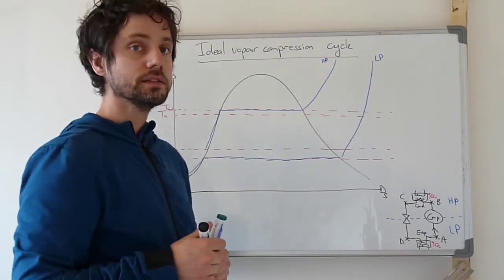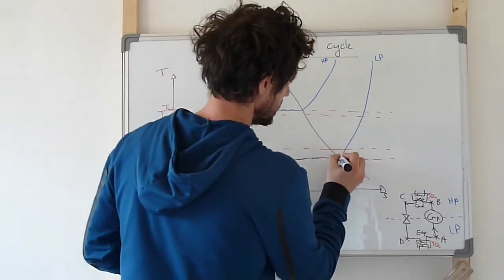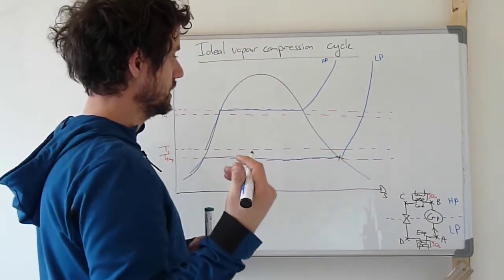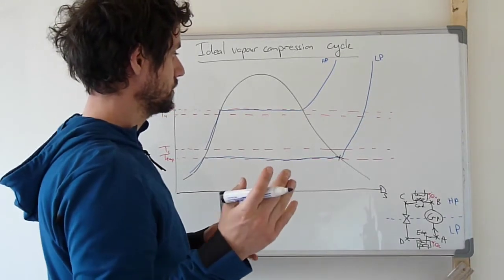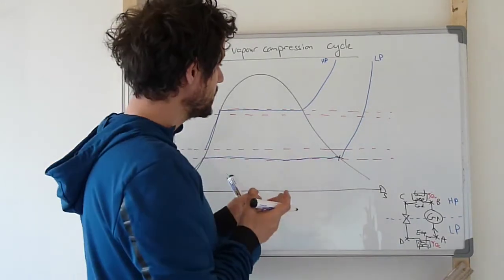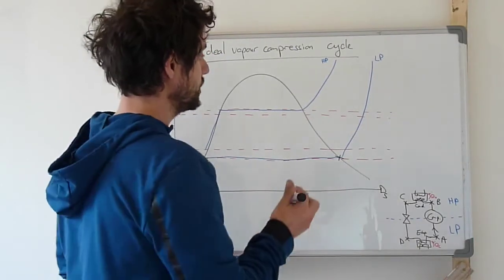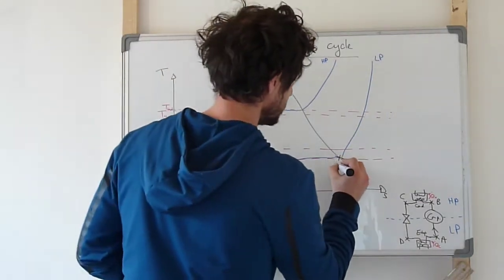So in that case, at first approximation, we will just put A at the smallest entropy that is on this isobaric line but in the vapor zone, so just as saturated vapor for point A.